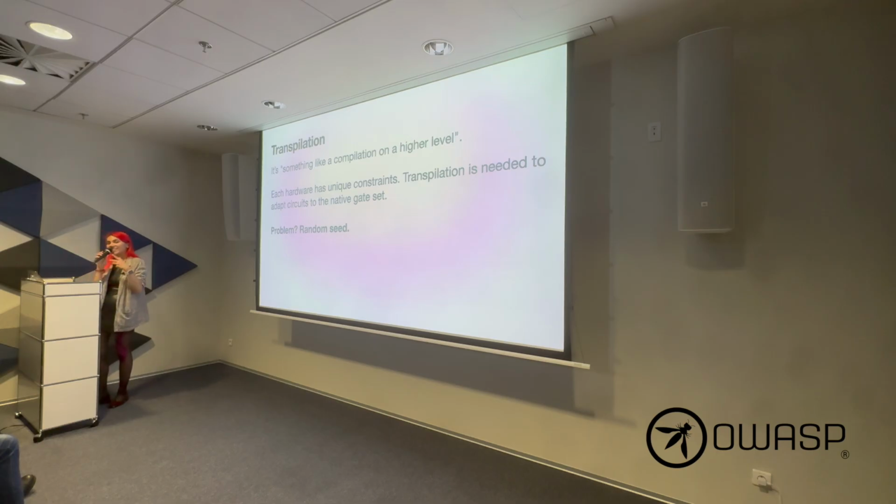The problem is that in Qiskit, when you just use the library tools for it, they have a random seed in them. What does it mean? I wouldn't have a problem with the random seed itself, but the problem is that Qiskit in general lacks good documentation.